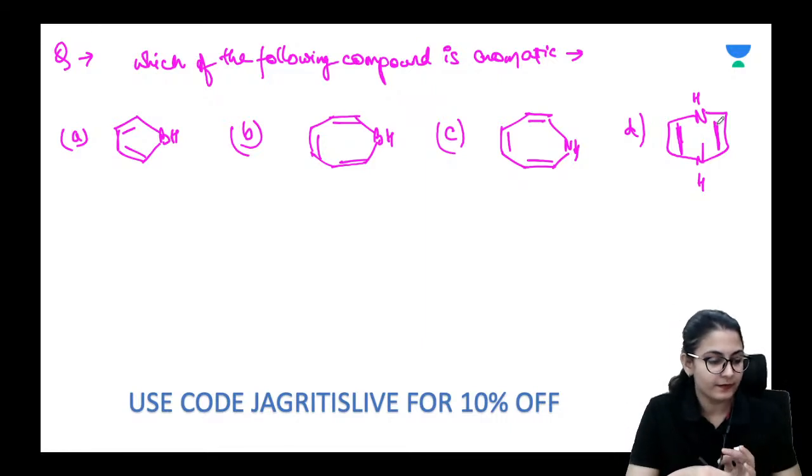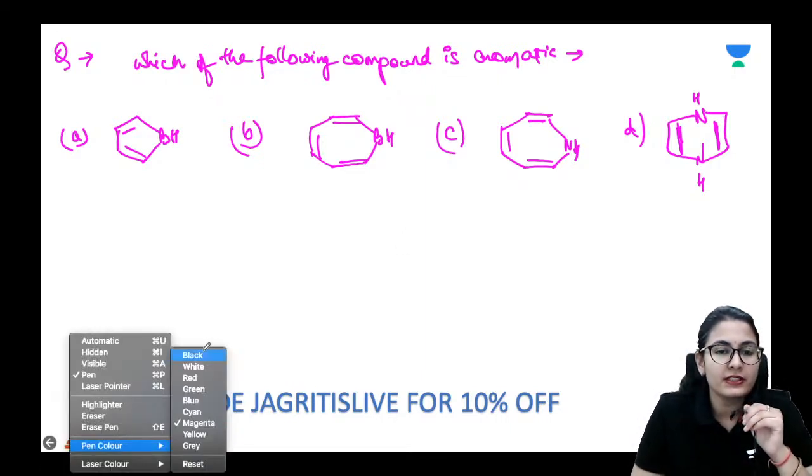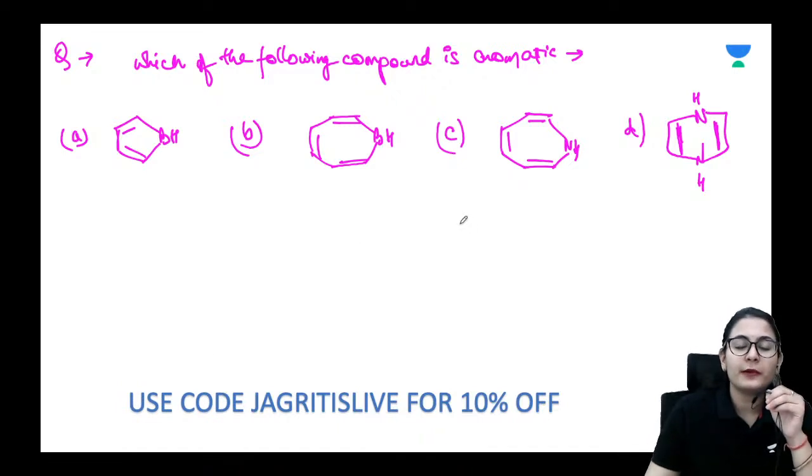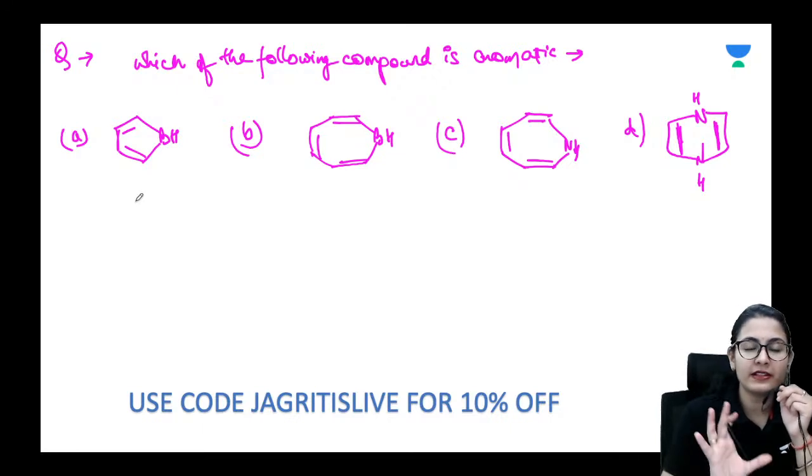Very good. Very, very good, all of you. Very simple question. Which one is going to be aromatic? Absolutely the one which is going to be similar to the system having 6 pi electrons.